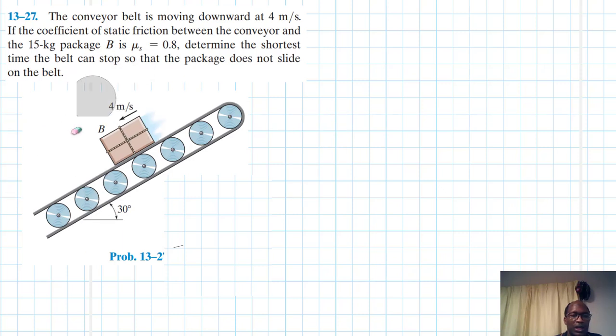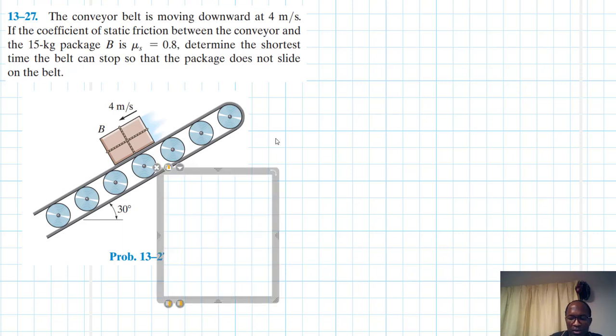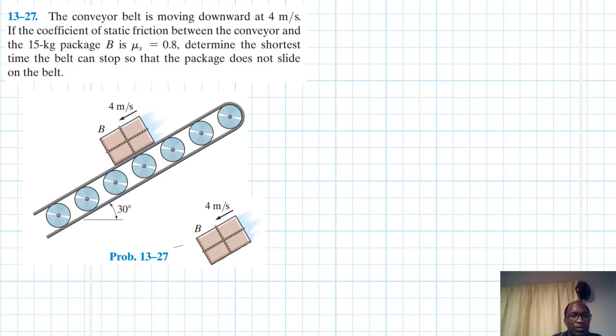So having established that, let me just isolate this part and draw it, based on the explanation that I just gave. So I cut it out, and this is the box here. So what do we have here? We do have the friction. The friction will be in this direction, and then I have the normal force in that direction, like so.